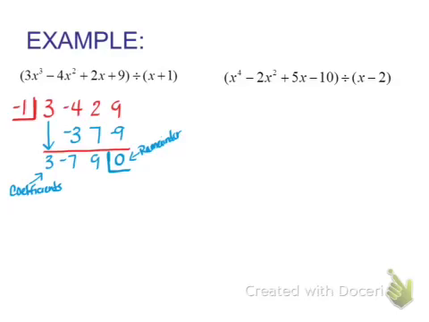So my actual answer, when I put all the variables back in, since this has 3 terms in it, this will be my constant, this is a linear term, and this is a quadratic term. So my final answer is 3x squared minus 7x plus 9. And there was no remainder, so it divided evenly. When I take 3x cubed minus 4x squared plus 2x plus 9 and divide by x plus 1, I get 3x squared minus 7x plus 9.